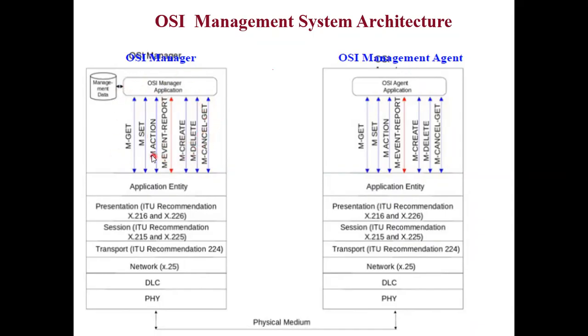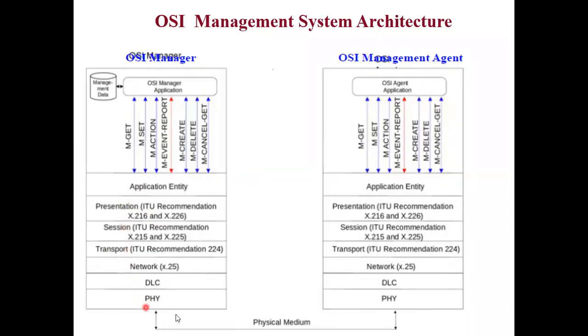Here for the manager, let me first explain initially and then you can draw. The OSI manager application is housed in the application layer, or you can say the application entity. Similarly, the OSI agent application is housed in the application entity of the agent layer. Then you have the presentation layer, session layer, transport layer, network layer, DLC, physical layer, and so on.